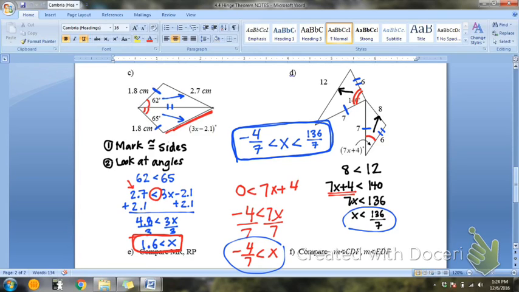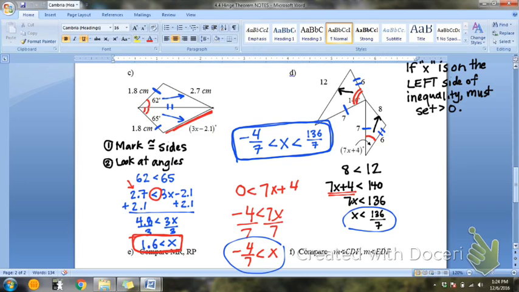Here's the easy way to remember if you need to set it greater than 0. Okay, so maybe write this at the top of your paper. If X is on the left side of the inequality, that's when you must set it greater than 0.